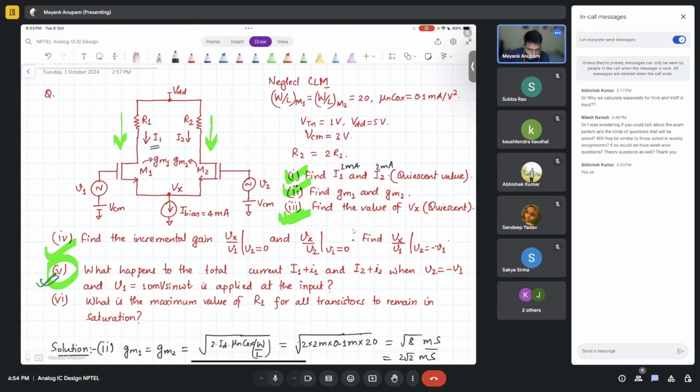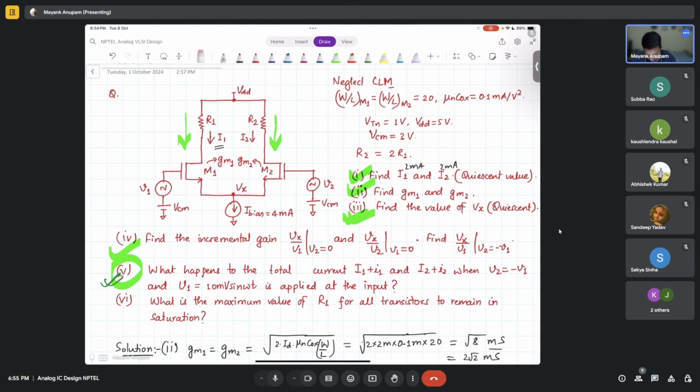So what happens to the total current when V2 is equal to minus V1 and V1 is equal to 10 millivolts sin omega t is applied at the input? It's a fully differential input, and I wanted you to find out what happens to the total current I1 plus small i1 and I2 plus small i2.